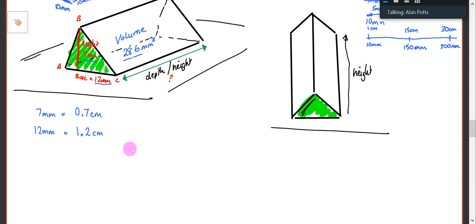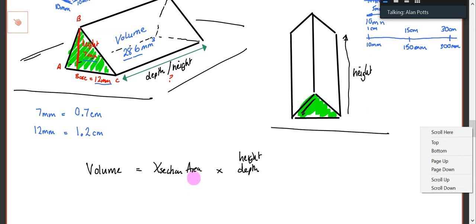All right. So what I'm going to do, I've got all this information. I know I'm going to rewrite this. So volume equals cross-section area multiplied by the depth or the height, however you want to call it. So let's write in the information. In this case, what's the formula for the cross-section area?